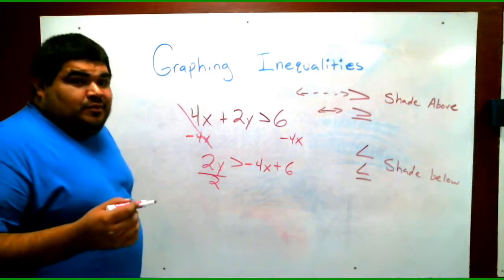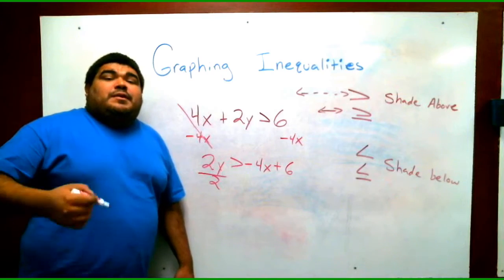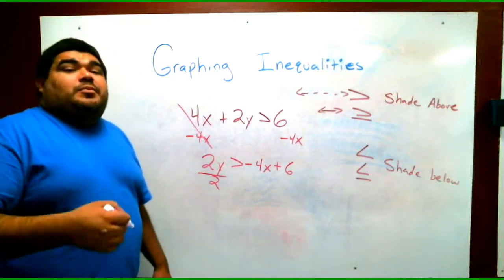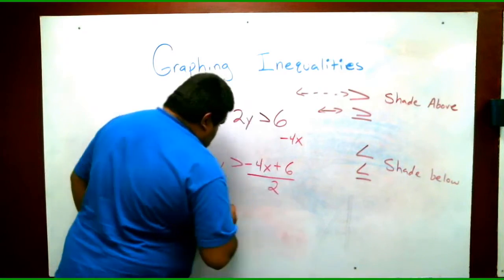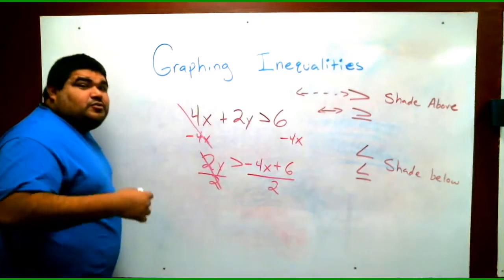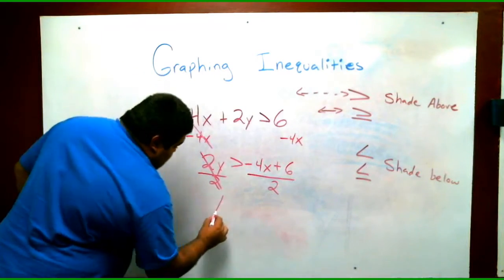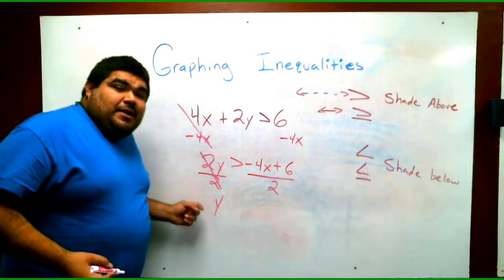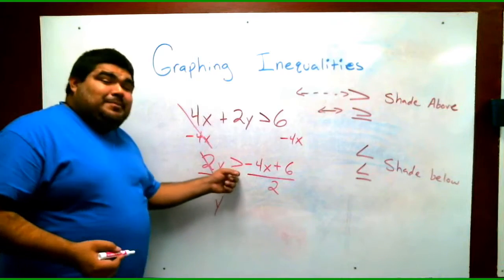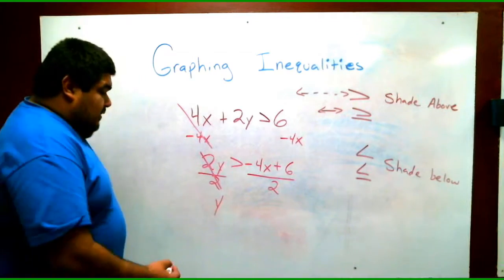Notice that when that happens, you have to divide everything on the other side also by 2. That cancels out the 2's, because it turns out for y. So we have y. Notice that the number we divided by was positive, so you keep the same sign, the way it is, greater than.